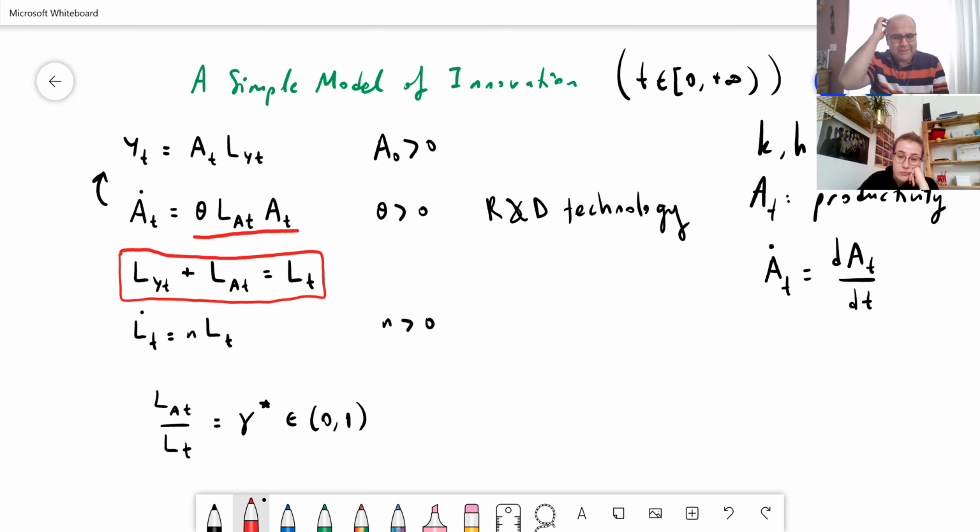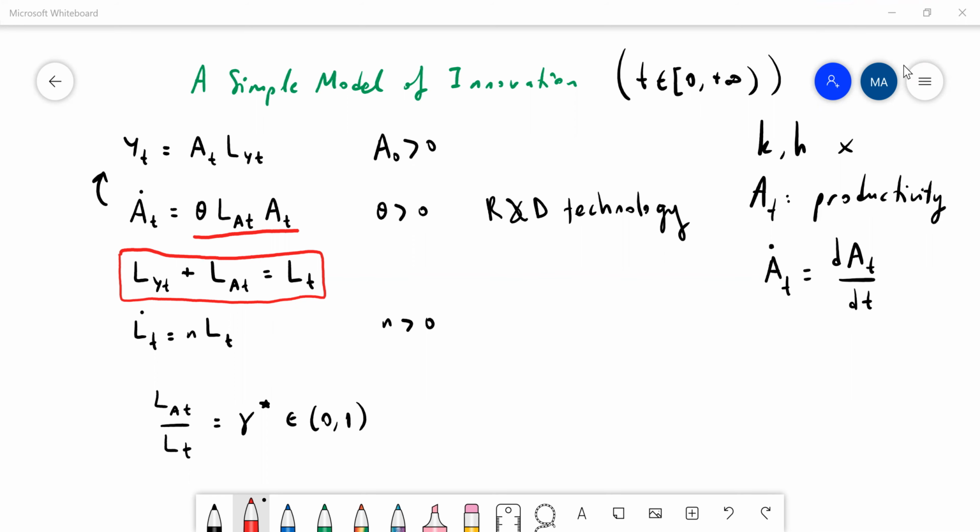Now, obviously, in the full version of this model, there are firms. These firms are using these technologies, and they optimally choose how much of the labor to be employed in R&D, right? Now, here we are taking a shortcut and directly say, okay, of the total workforce, a gamma star fraction of it is going to be employed in R&D.